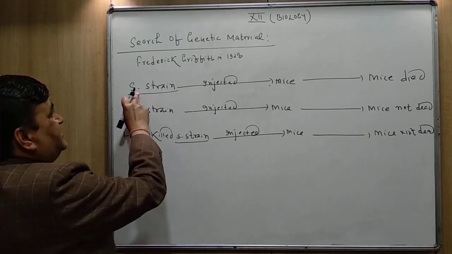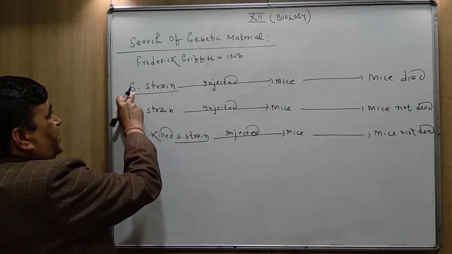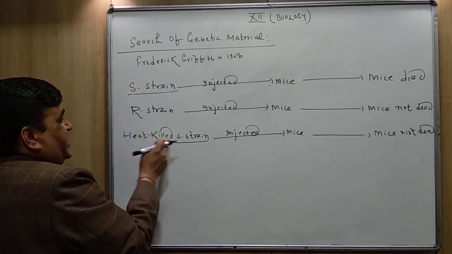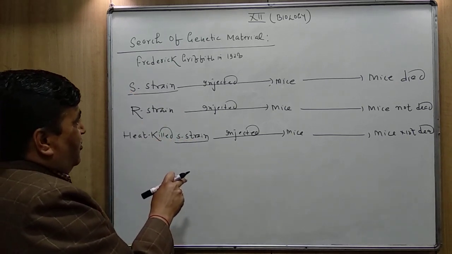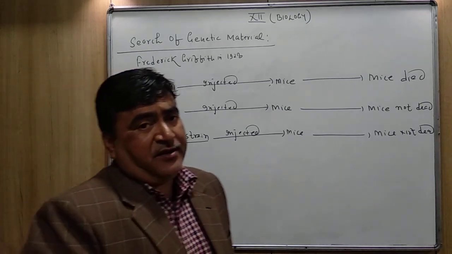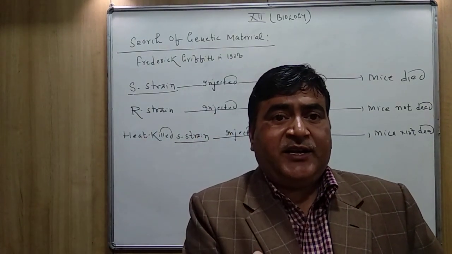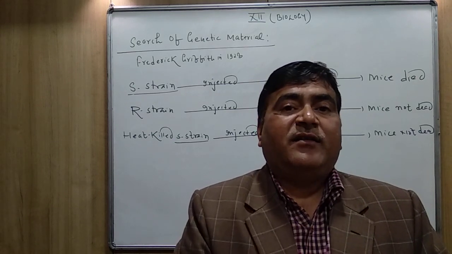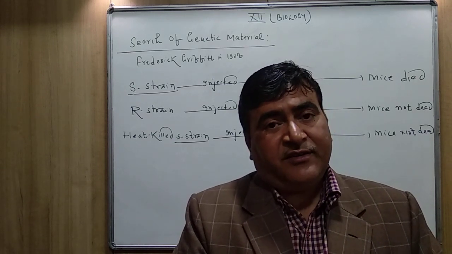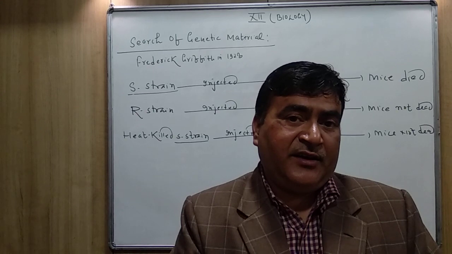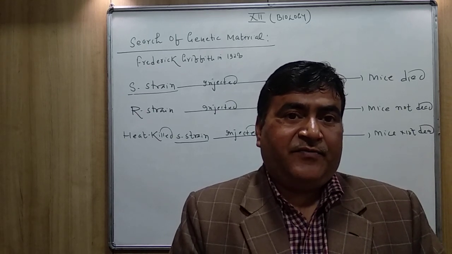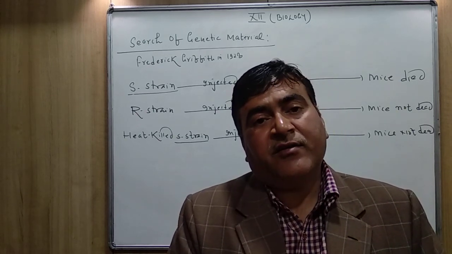But what is the difference? Here the S strain was heat killed. First of all, he took the S strain and then he heated it, and because of the heating, the S strain in the culture media may have died.